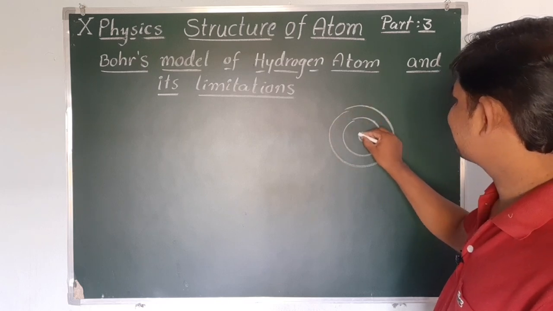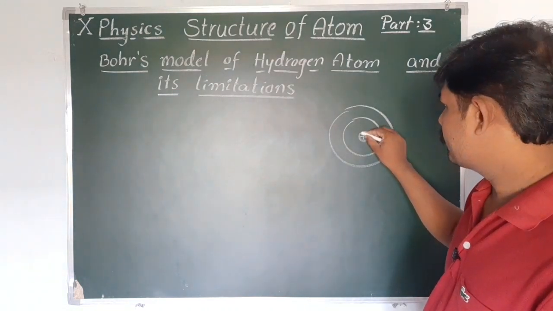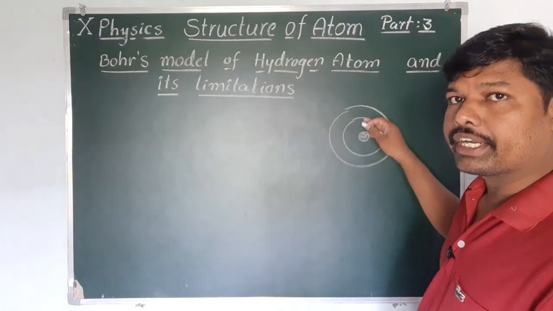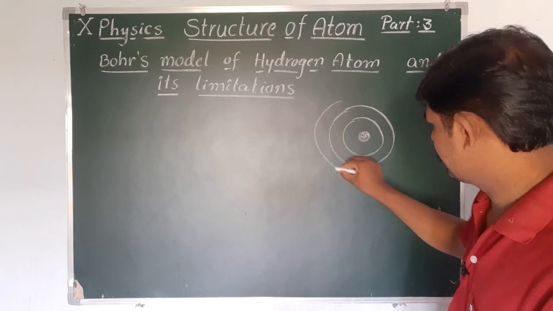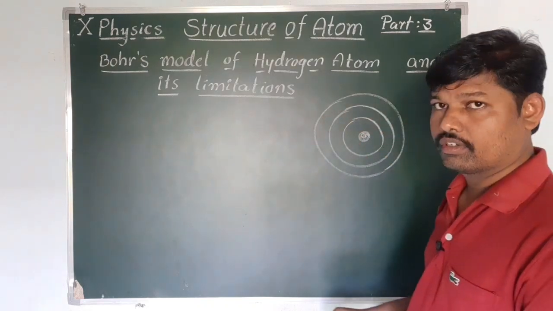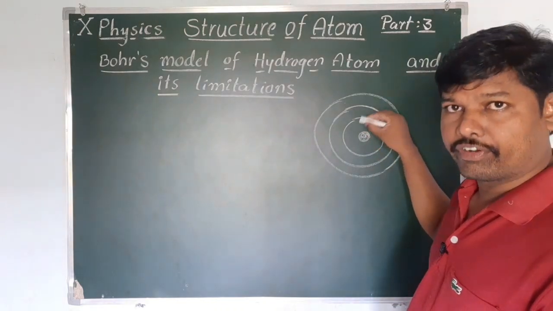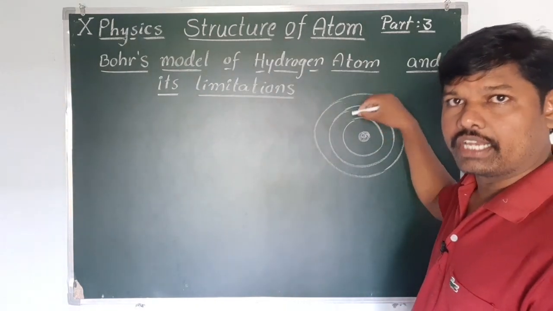This is the nucleus, the center of the atom. From the center, at different distances, different shells are present. These shells are called energy levels. Each shell has different energy, and electrons will occupy these shells.